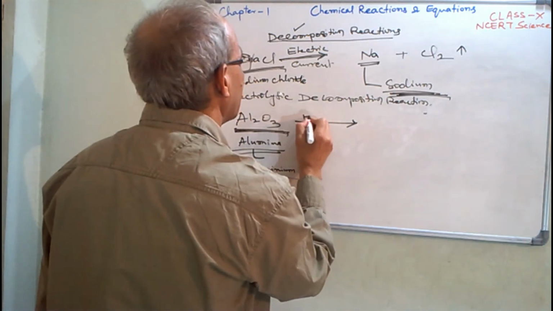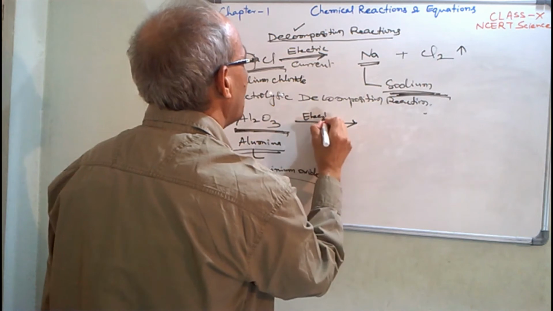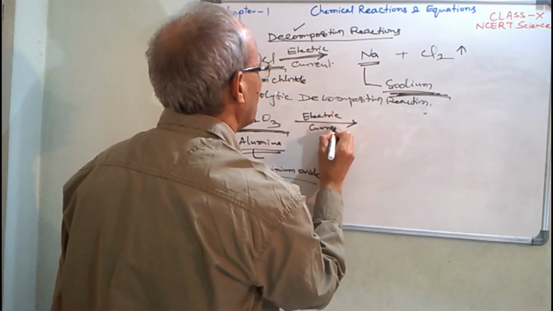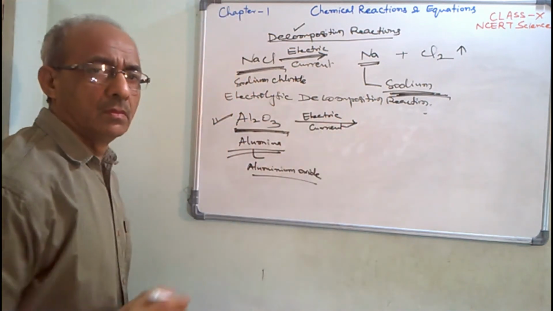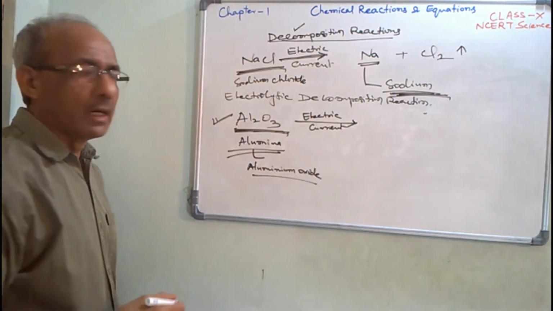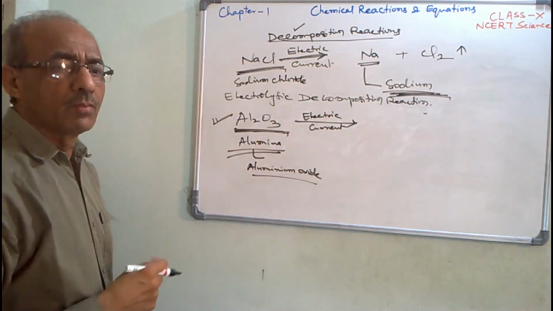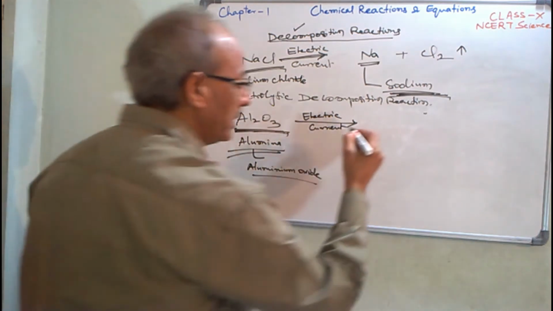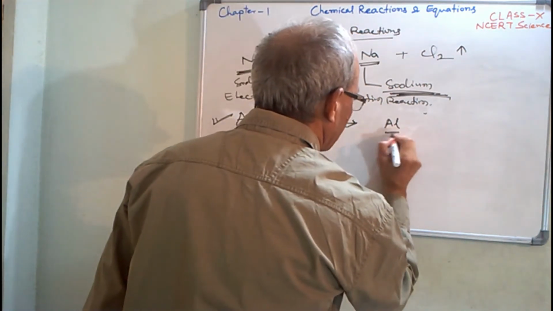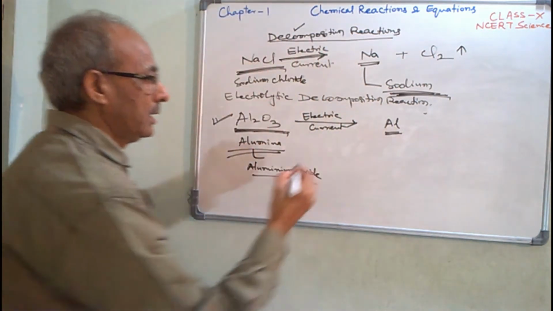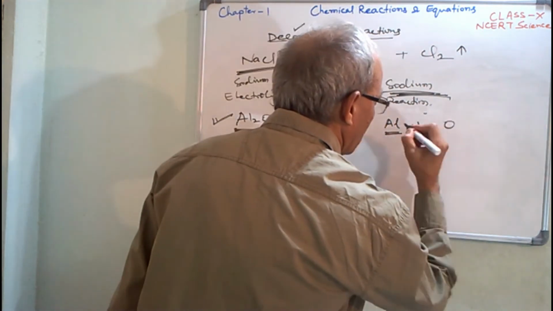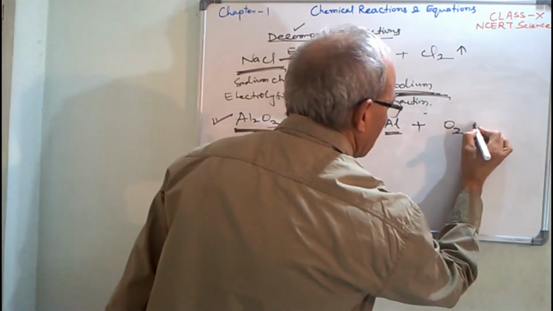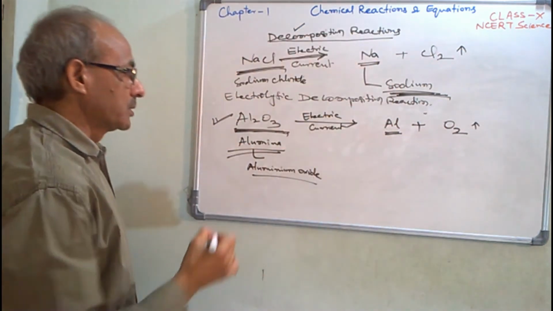When the electric current is passed through the alumina, the decomposition reaction, the splitting of alumina, takes place here, and the aluminium metal is extracted, and oxygen gas is evolved as a byproduct.